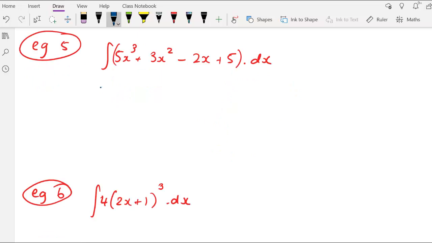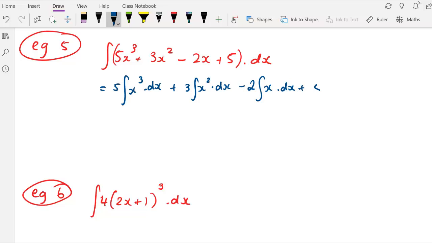Now, I'm hoping that everyone remembers this property. If we're finding the integral of multiple sums or differences, we just split them up. We're looking at 5 times the integral of x cubed with respect to x, 3 times the integral of x squared with respect to x, negative 2 times the integral of x with respect to x, and then we've got the integral of 5 with respect to x.